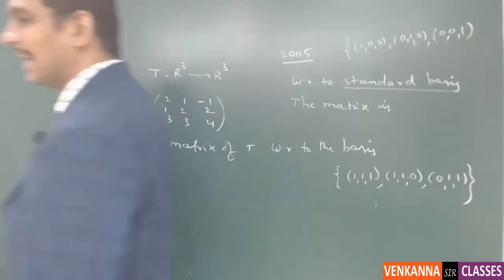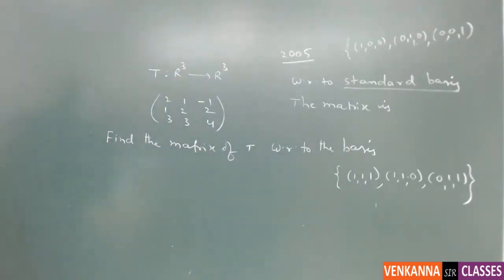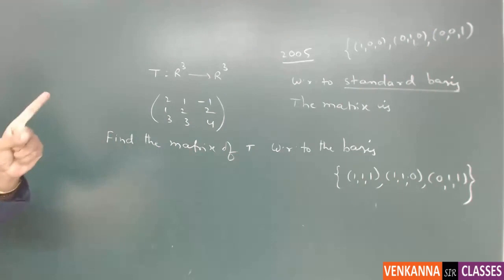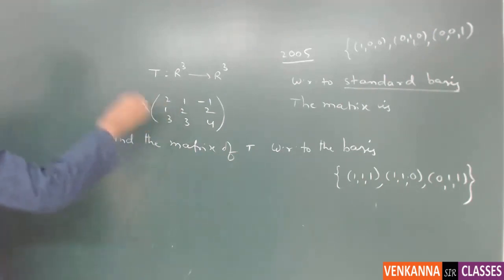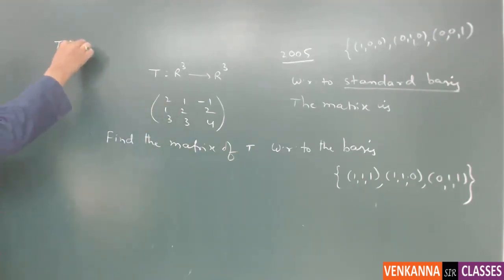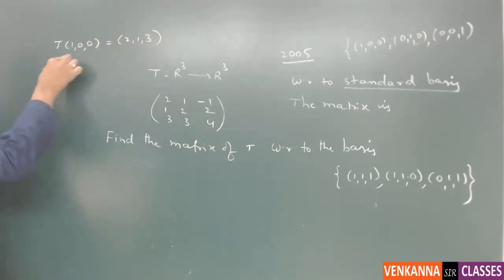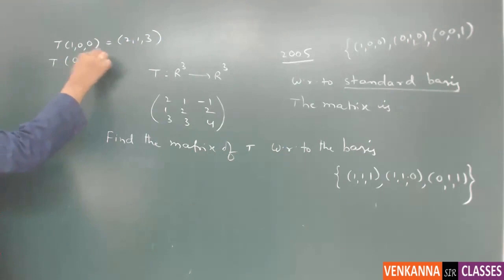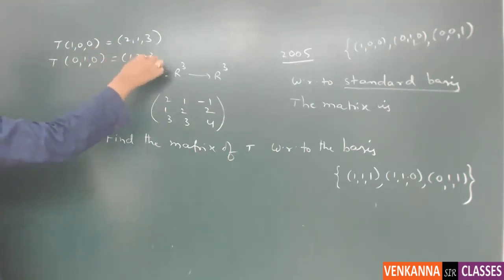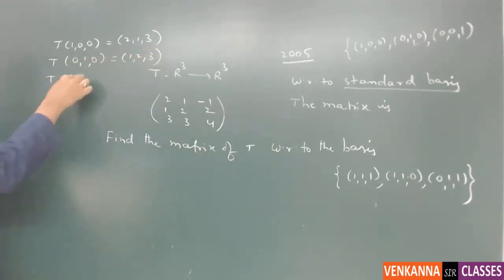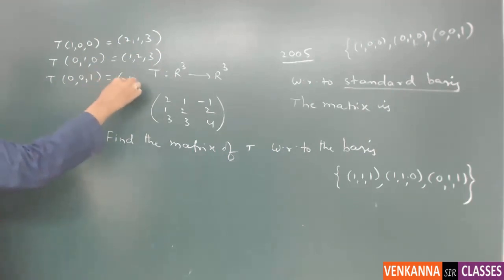Actually we do it in the regular sense. So recollecting the same procedure, since you are using a standard basis, the image of the first vector is nothing but 2 1 3. The image of the second vector is nothing but 1 2 3. The image of the third vector is nothing but -1 2 4.